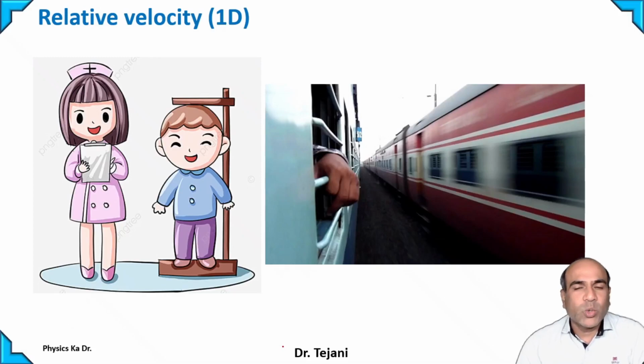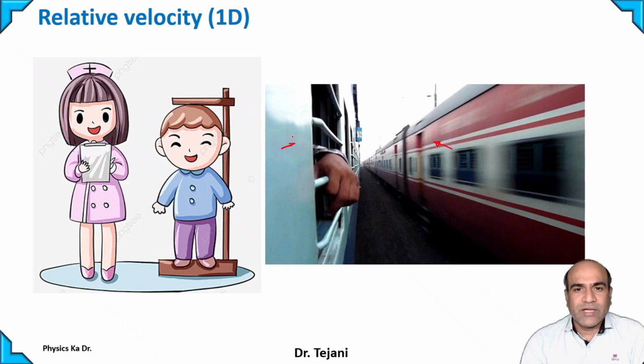We all like to overtake when we drive a car, and overtaking happens when we have a higher velocity compared to the other vehicle. And in the picture you can see here, it's an Indian train, and we have observed this kind of situation, right? One train is moving opposite to the other train.